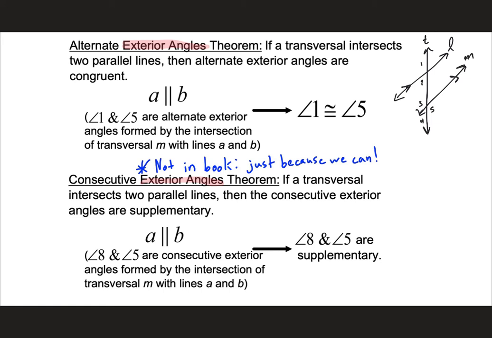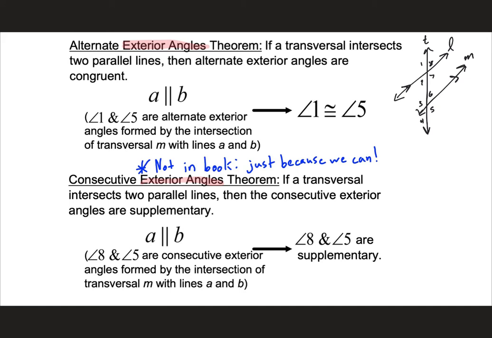I keep stressing this point because there will be problems where the lines look parallel but they're just not parallel. Then they'll ask you to solve for the angles, and it's kind of a trick question. It's not really, but it's there to see how many of you forget that you need parallel lines first before you can say the angles are congruent or supplementary.